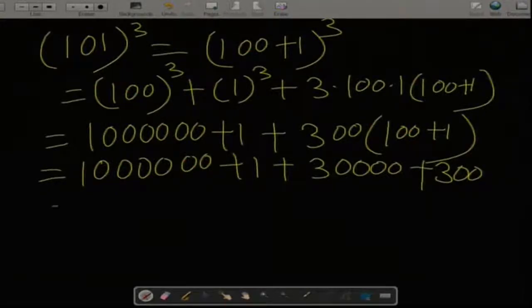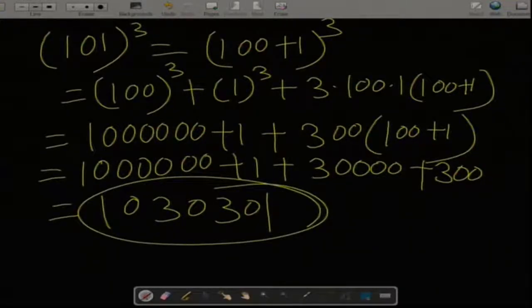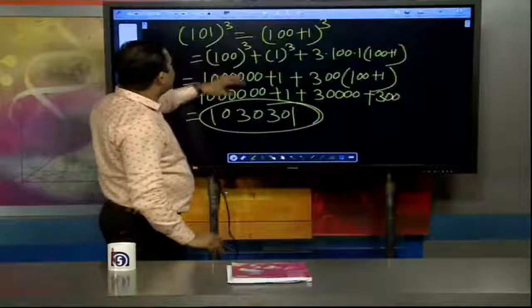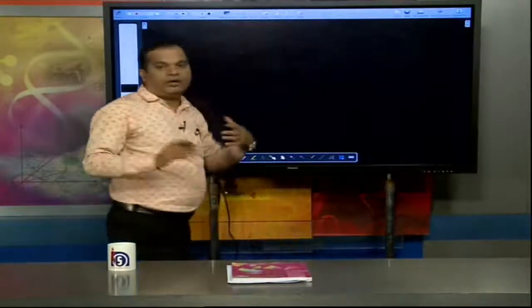So when you simplify, you will get 1030301. This result you will get. So dear learners, very simply, by using (a plus b) whole cube, you can find this answer. We can easily multiply and get the special product of any big number, in cubic form or square form.